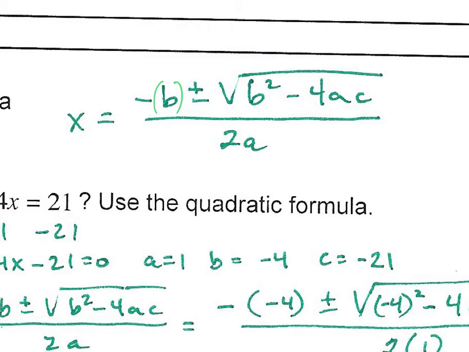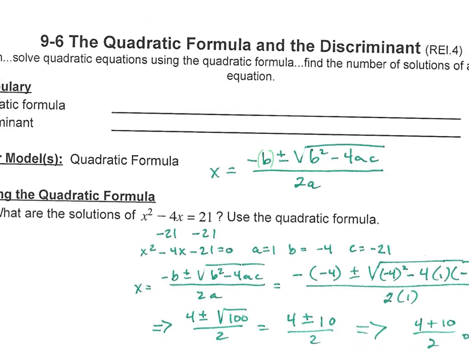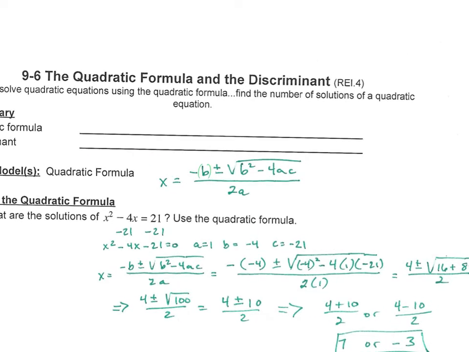The a, b, and c values come from the standard form ax squared plus bx plus c equals 0. Those are the values you take from your equation, put into the formula, and solve using your order of operations.